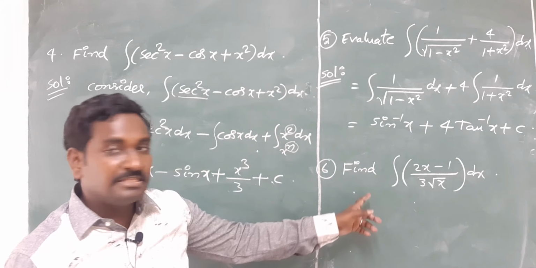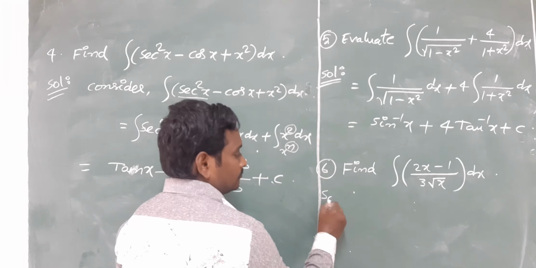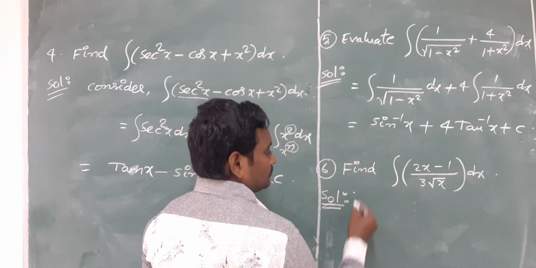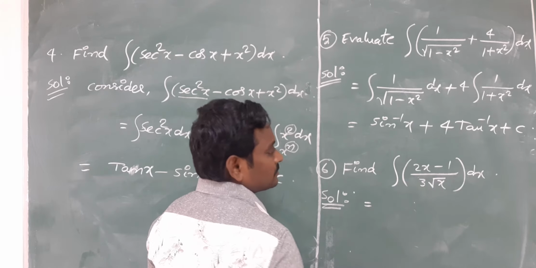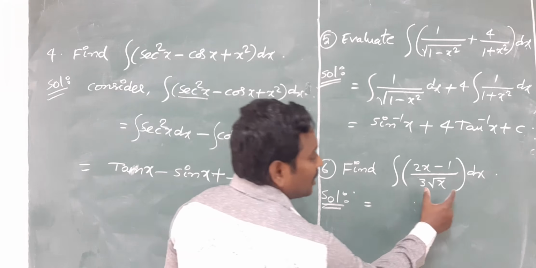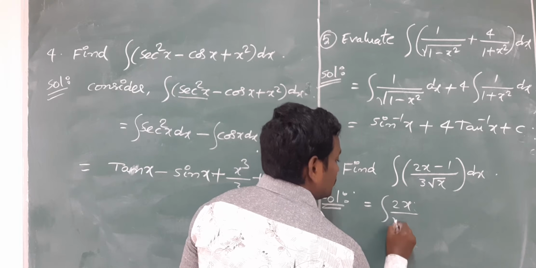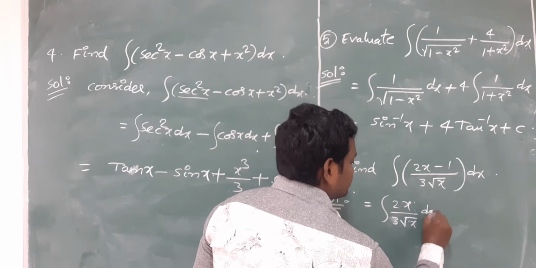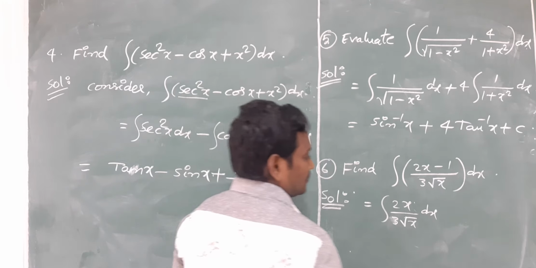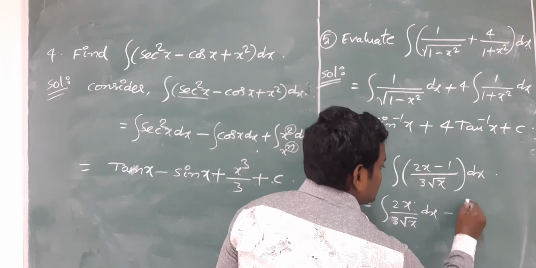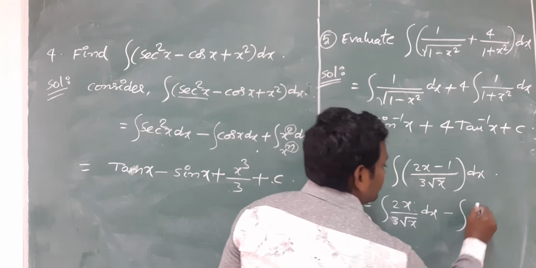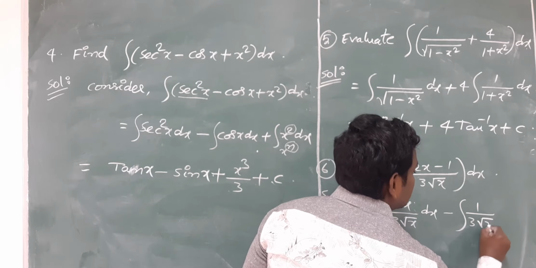Now see this one. The given integration becomes 2, first split the terms inside. You will get integral 2x by 3 root x dx minus integral 1 by 3 root x dx.